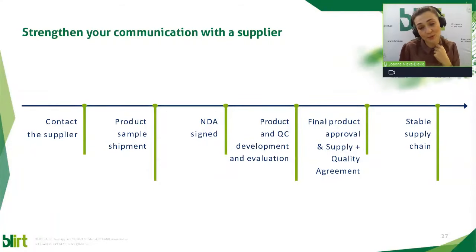So these are all very important factors because any change can affect your assay in the end. And from that point on, you can be very happy running your business, having a stable supply chain.